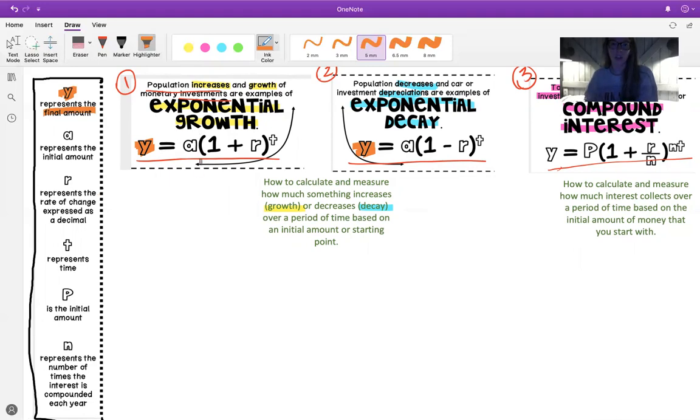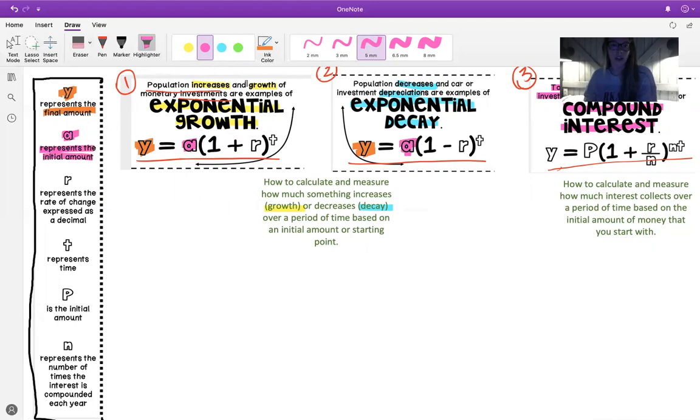Okay, so when you calculate all of this stuff on the other side, it's going to tell you your exponential growth or your exponential decay amount. Okay, next we have this a value in both of them. Okay, that's going to be the initial amount that you start with.